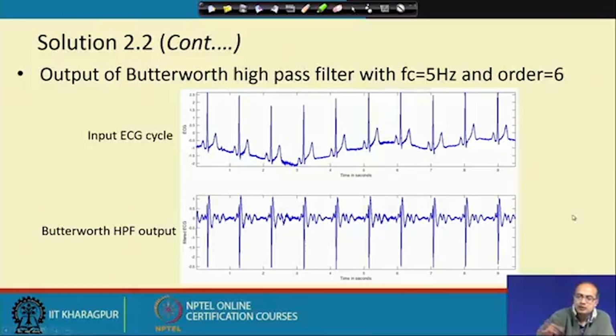Next, we take the cutoff frequency as 5 for the high pass filter and the model order remains 6.